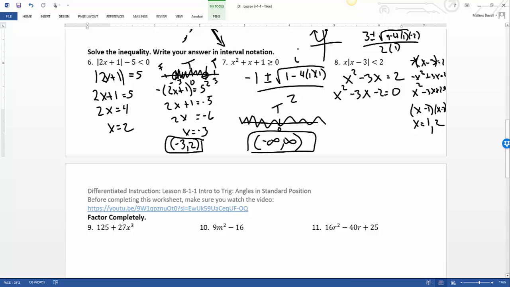You're going to want to enter that into your calculator. It looks like it's going to be positive, so it's 3 plus or minus the square root of 9 plus 8, so 17, all over 2. So 3 plus or minus the square root of 17 all over 2.